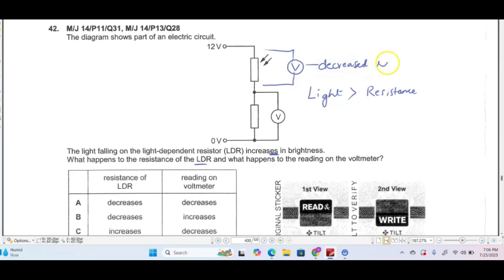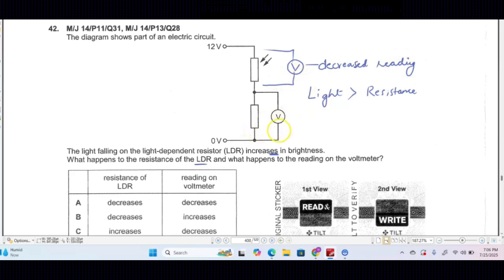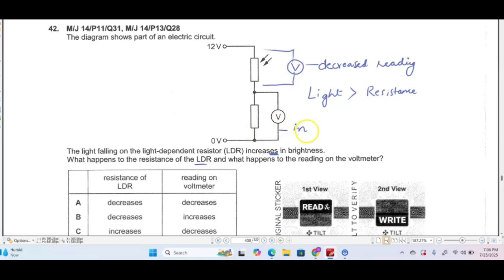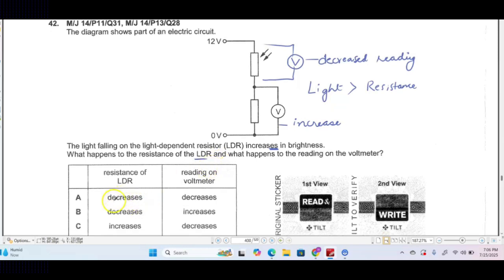And when there is a decrease over here, there would be an increase in the other resistor. That's vice versa. So basically the LDR is this and the voltmeter is connected across the second one.